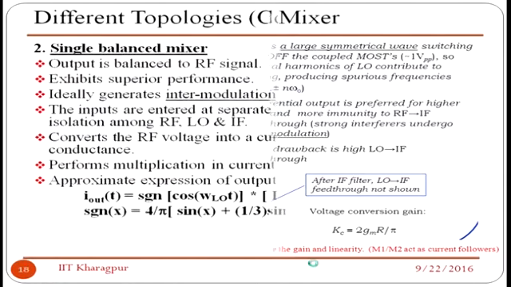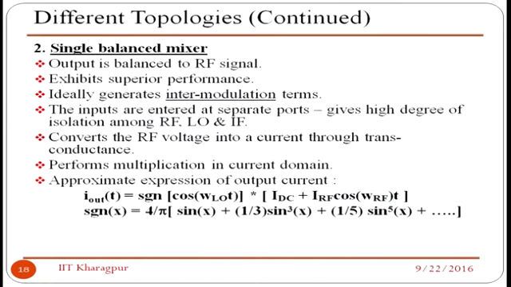Now, very quickly, what kind of current are you expecting from that? When you are multiplying these two signals, omega RF and omega LO, basically the output current will be a function where this is 4/pi sin x, 1/3 sin 3x, 1/5 sin 5x.